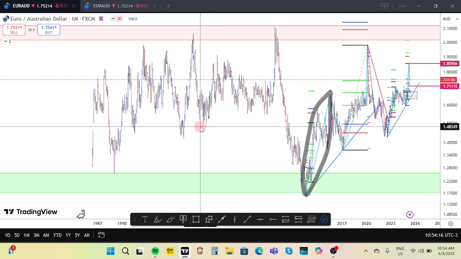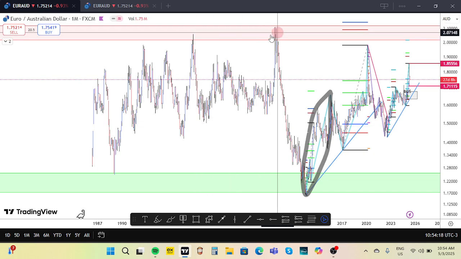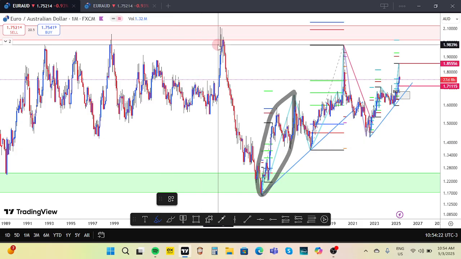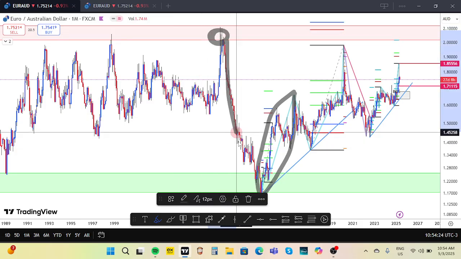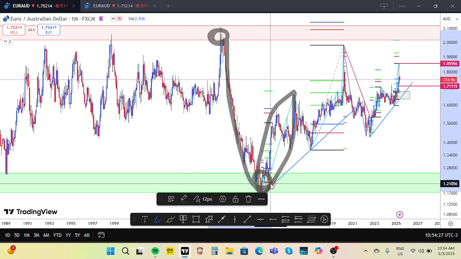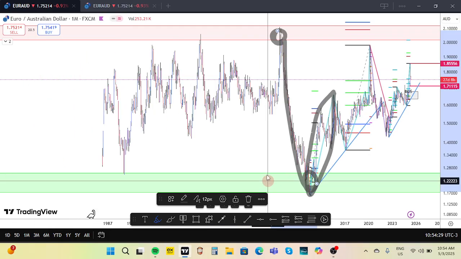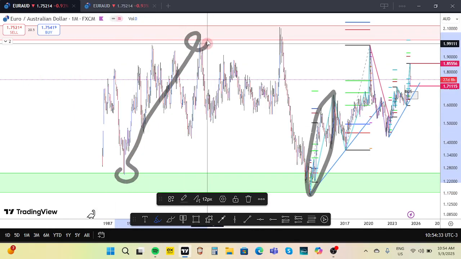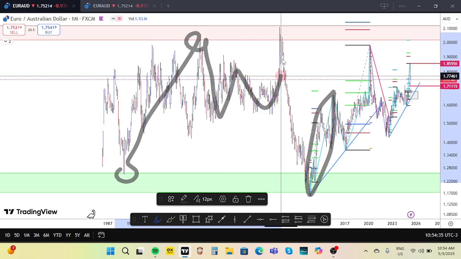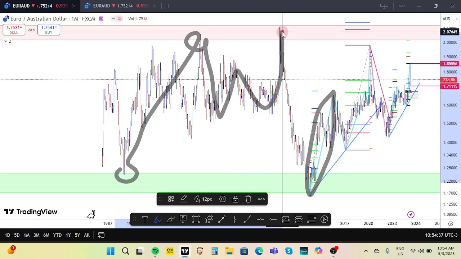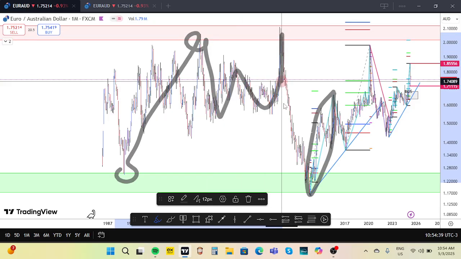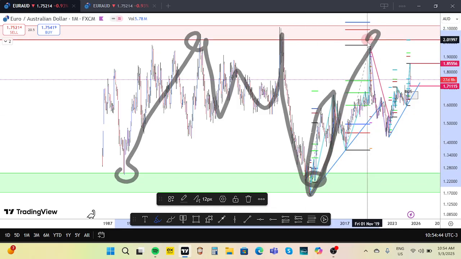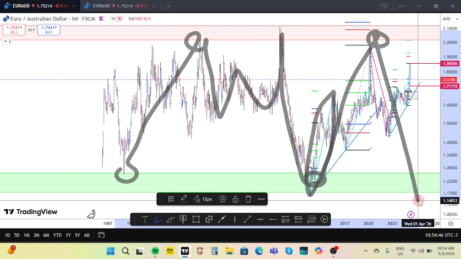We can see that price came to resistance back in time right here on Euro AUD, and then it came to support, just like what we saw on the NZD chart, resistance, and then here. And now we're expecting price to go up to this level before going down.